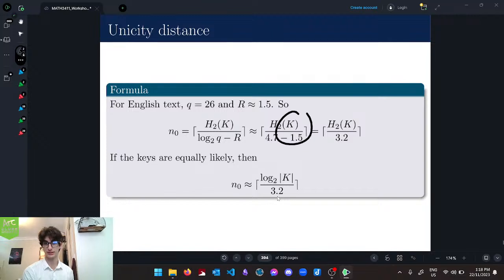If the keys are equally likely, then H(K) would be exactly, but unicity would be approximate, log 2 of the size of K.